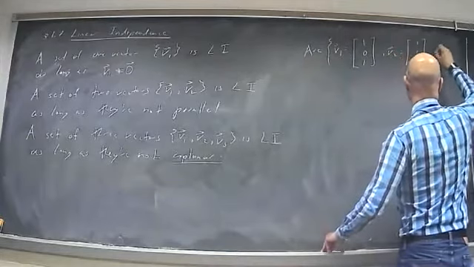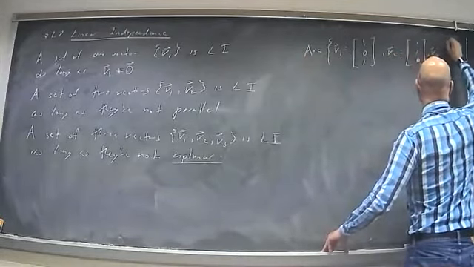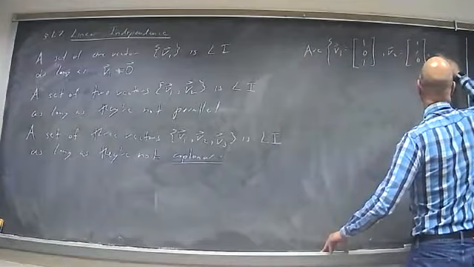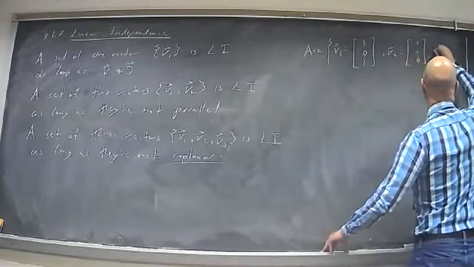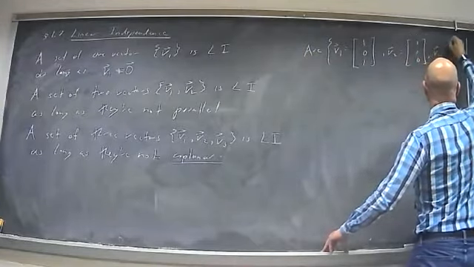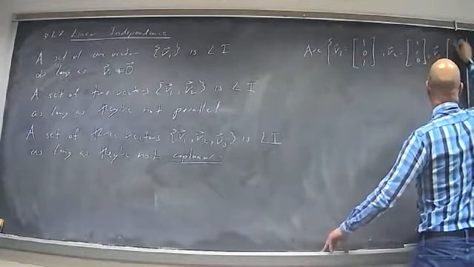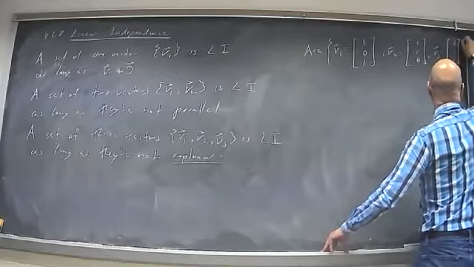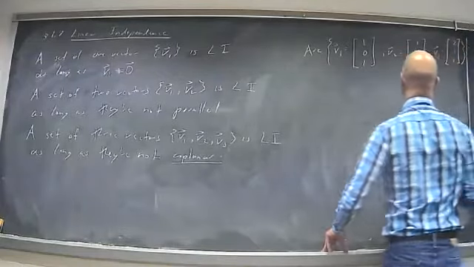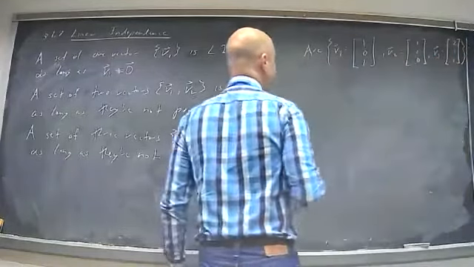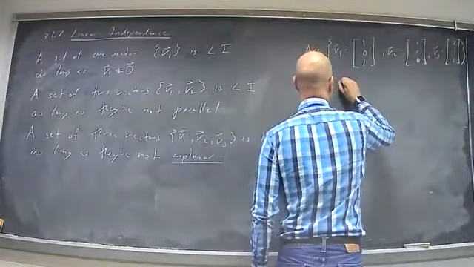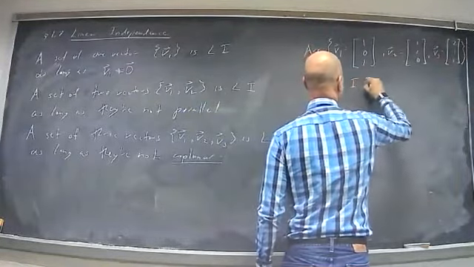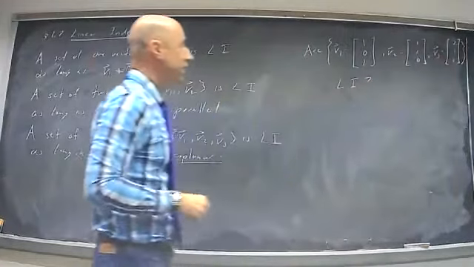And V3 equals 2, 1, 1. Three vectors here altogether. Is this a linearly independent set?